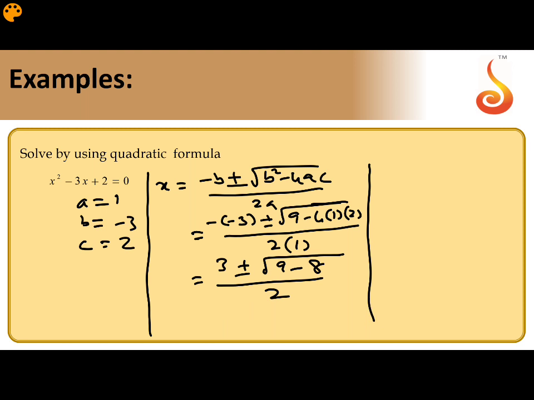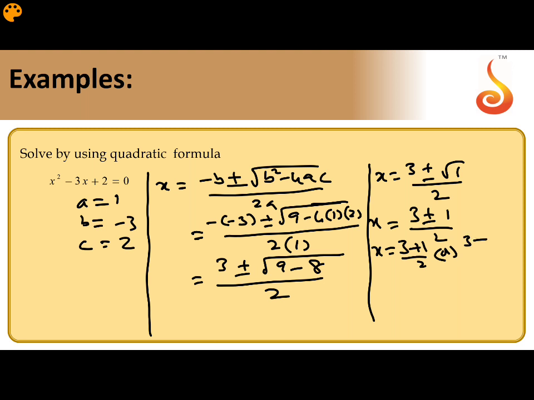So now let us simplify further. So x equals 3 plus or minus root 1, by 2. Root 1 is 1. So here also you got plus or minus. So x equals (3 plus 1) by 2 or (3 minus 1) by 2. So now x equals 3 plus 1, what? 4 by 2 or 2 by 2.